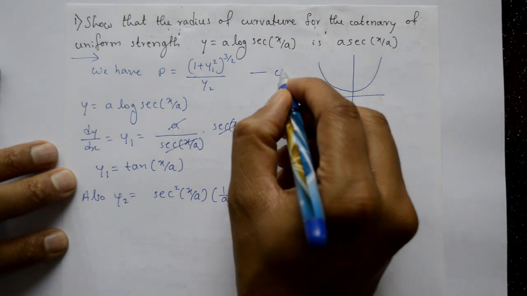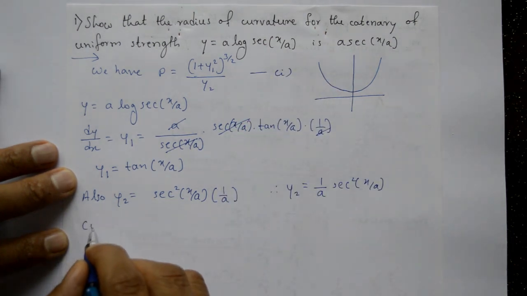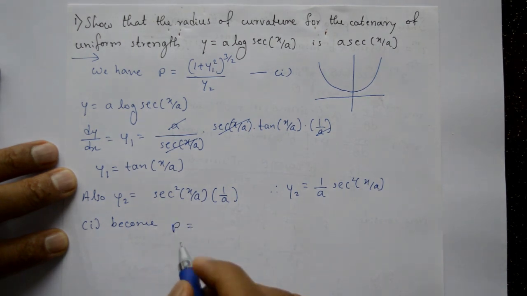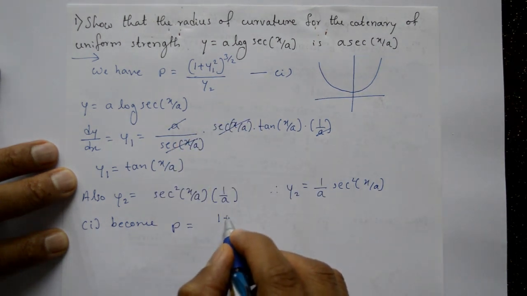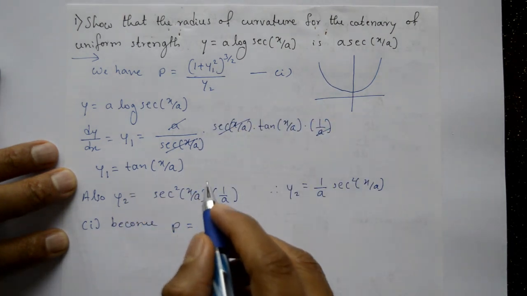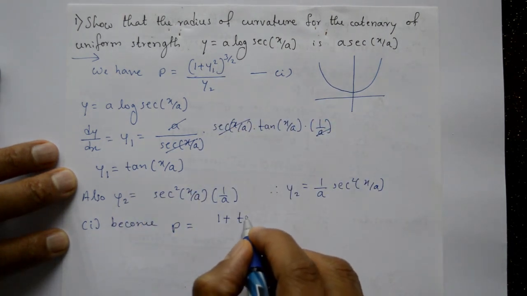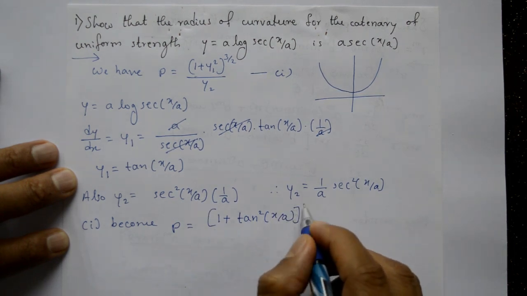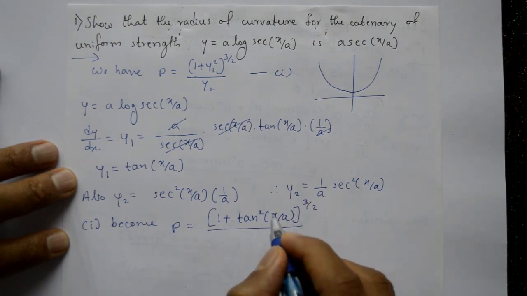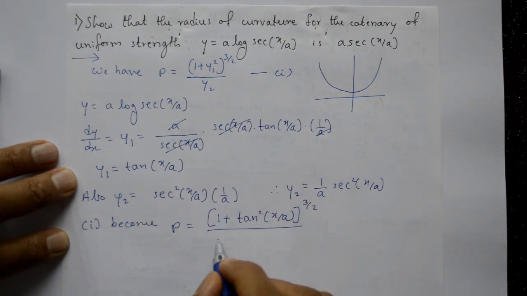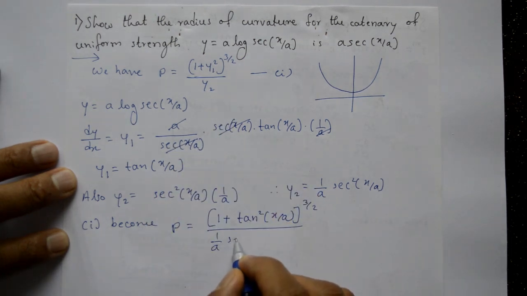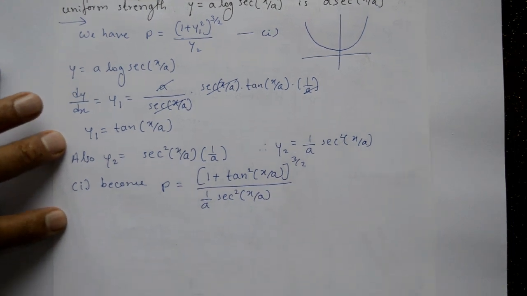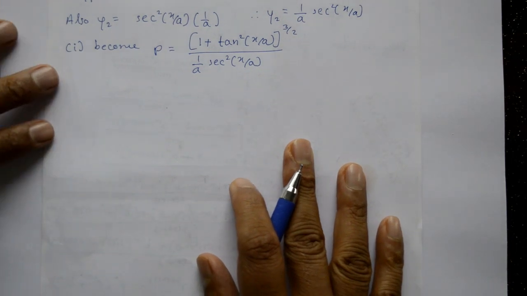Now this is formula 1. Equation 1 becomes rho = (1 + y1 squared, this y1 squared means tan squared(x/a)) whole raised to 3/2, divided by y2, which is (1/a) secant squared(x/a).